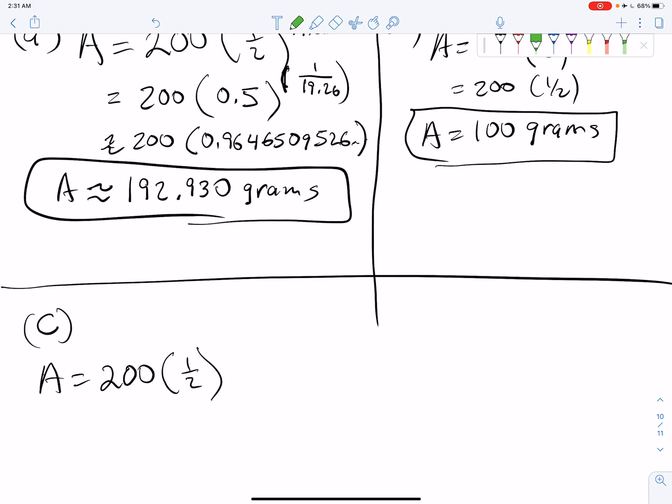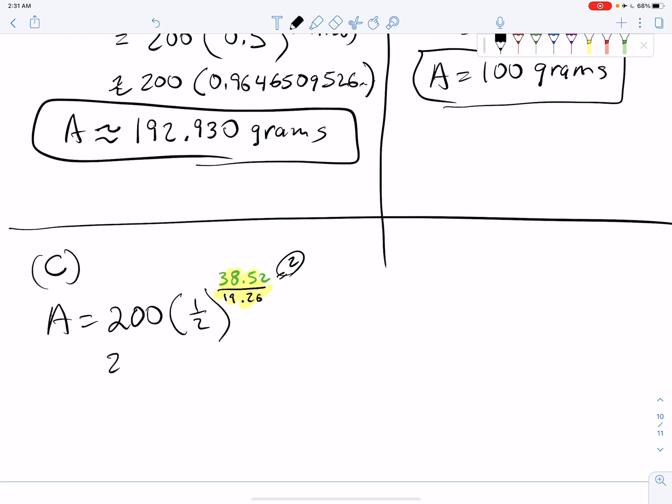That's 38.52 over 19.26, which just simplifies to 2. So now we have 200 times half, or 0.5, raised to the second power.